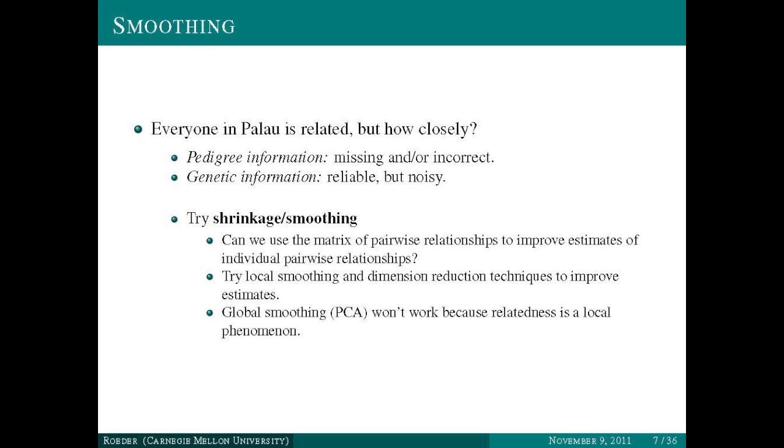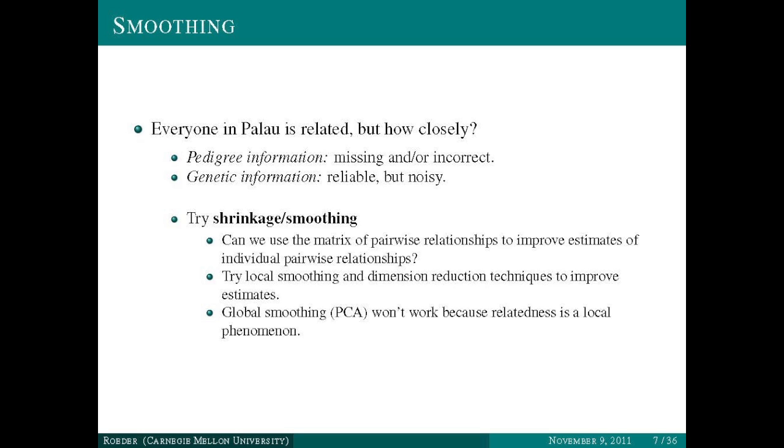But since everybody's related, we thought that the matrix of pairwise relatedness could be used to improve the individual pairwise relatedness estimates. All the relationships between everybody should help you to get the specific relationships between pairs. So it seemed to motivate using some kind of high-dimensional stuff.